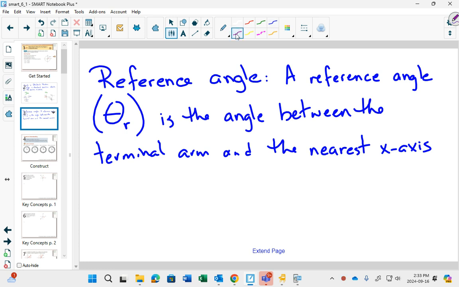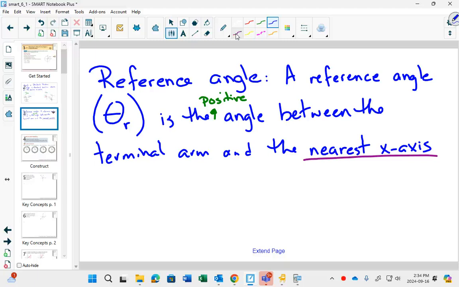And I'm gonna add one word in here that's actually quite important. I can't believe I forgot it. It's always positive. So when we label a reference angle, it's always a positive angle between the terminal arm and the nearest x-axis.